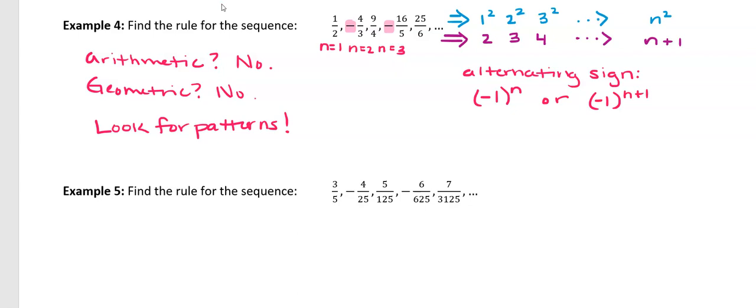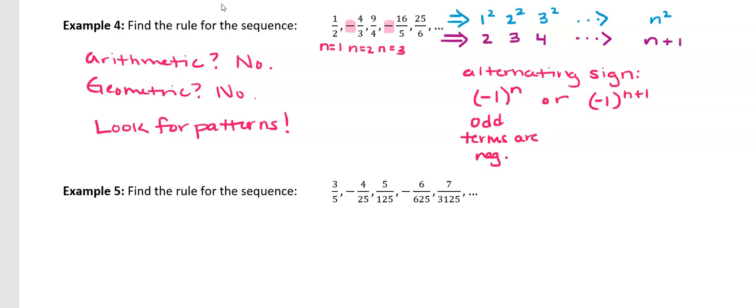So if you're dealing with negative 1 to the n, that means that all of your odd terms, so n equals 1, n equals 3, n equals 5, are going to be negative. Okay, so this would be our odd terms are negative.